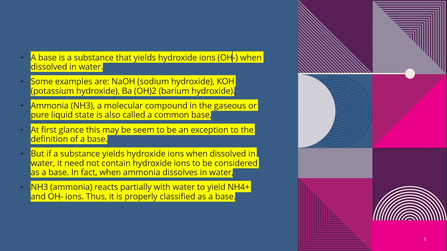In fact, when ammonia dissolves in water, we get OH minus. NH3 reacts partially with water to yield NH4 plus ions and OH minus ions. Since ammonia reacts partially with water to produce ammonium ions and hydroxide ions, ammonia is also considered a base.